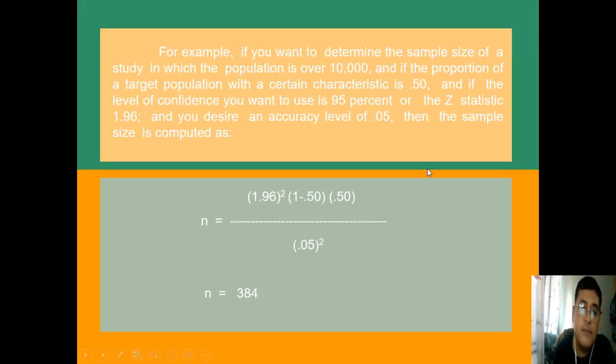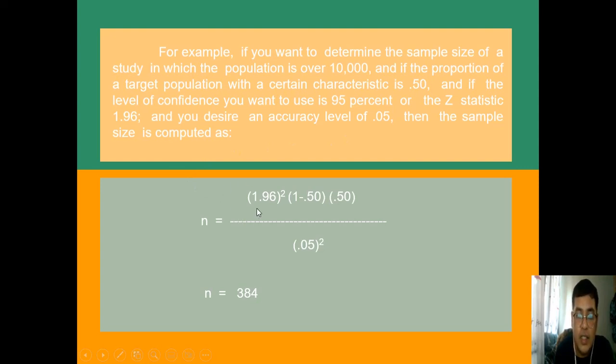So example, if you want to determine the sample size of a study in which the population is over 10,000, and the proportion of a target population with a certain characteristic is 0.50, and the level of confidence you want to use is 95%, or the Z statistic is 1.96, and you desire an accuracy level of 0.05, then the sample size is computed as, so substitute.